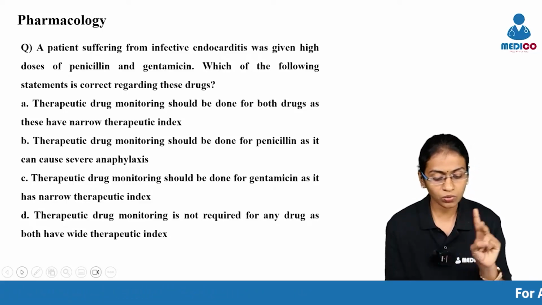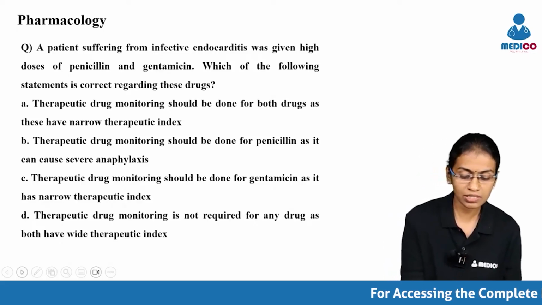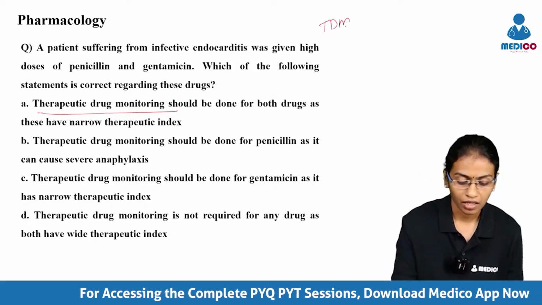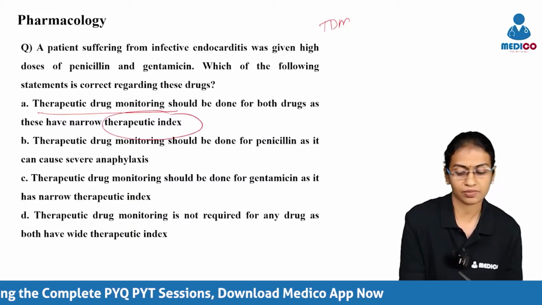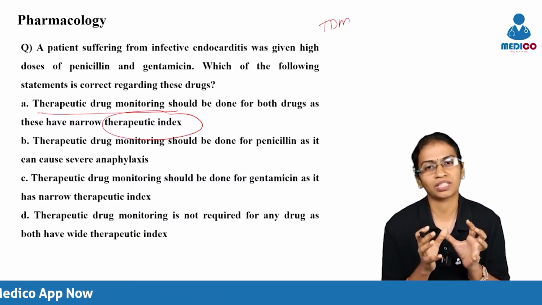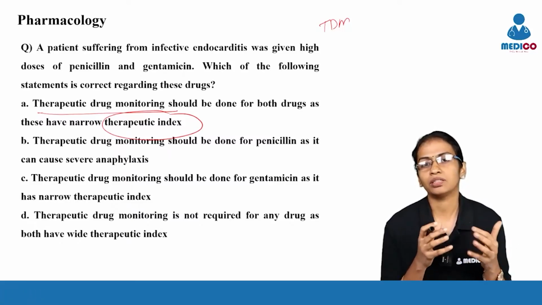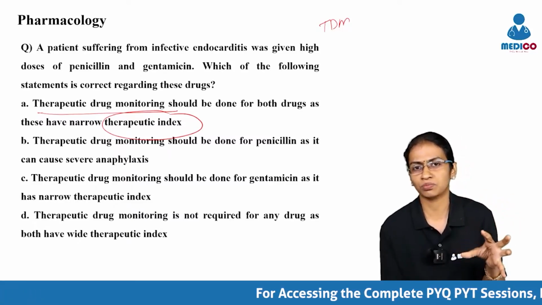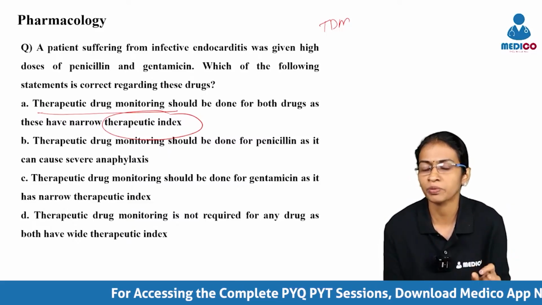So there are two terms here. One is therapeutic drug monitoring, otherwise known as TDM. The other one is therapeutic index. Usually this is a misnomer. When you hear the term therapeutic drug monitoring, you will think it is something to do with adverse drug reaction monitoring, but that is a misnomer.